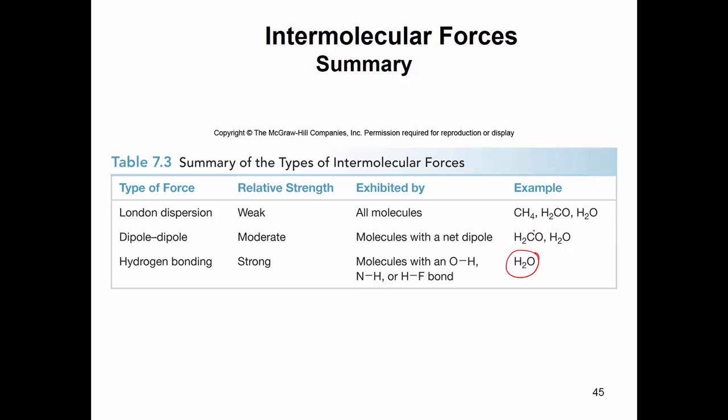And then if you look here, there's our formaldehyde. It does not exhibit hydrogen bonding, but it has dipole-dipole, which means it also has London. So all molecules have London. What you have to figure out is whether it is polar or not, and whether it has dipole-dipole and hydrogen bonding as well.